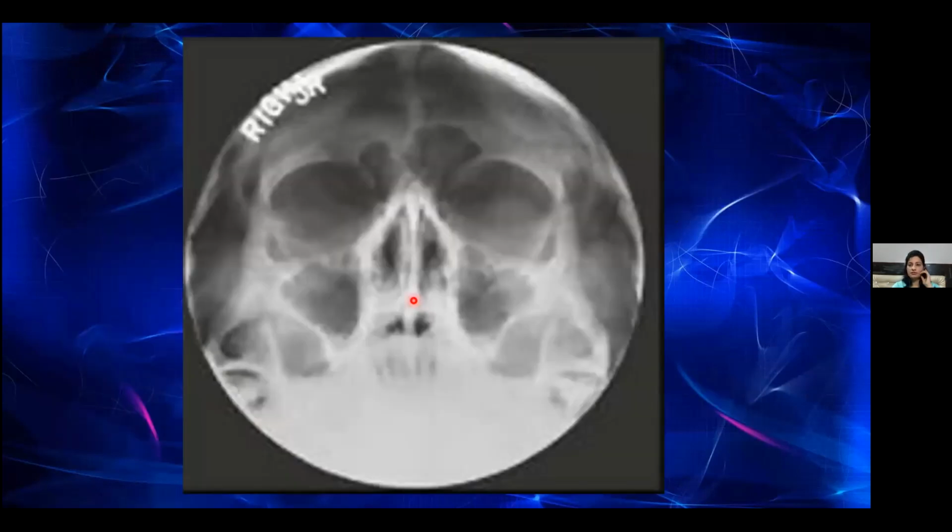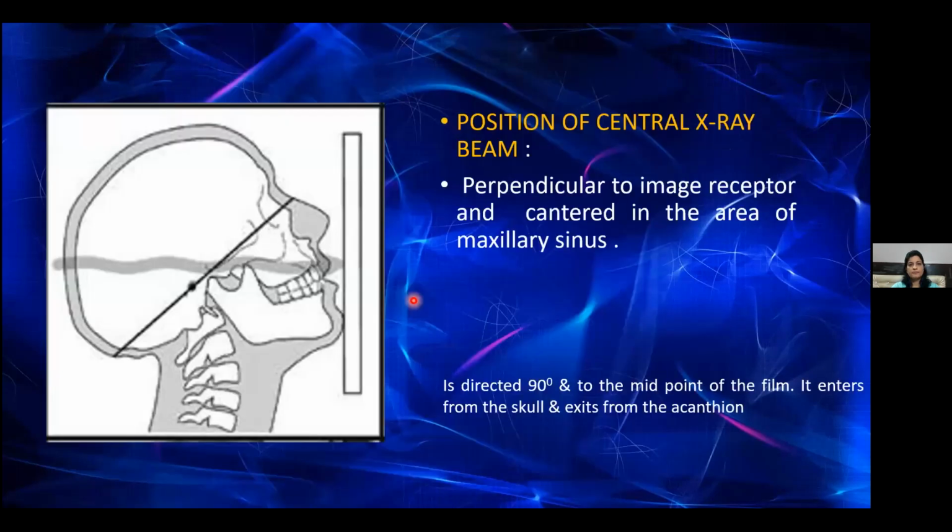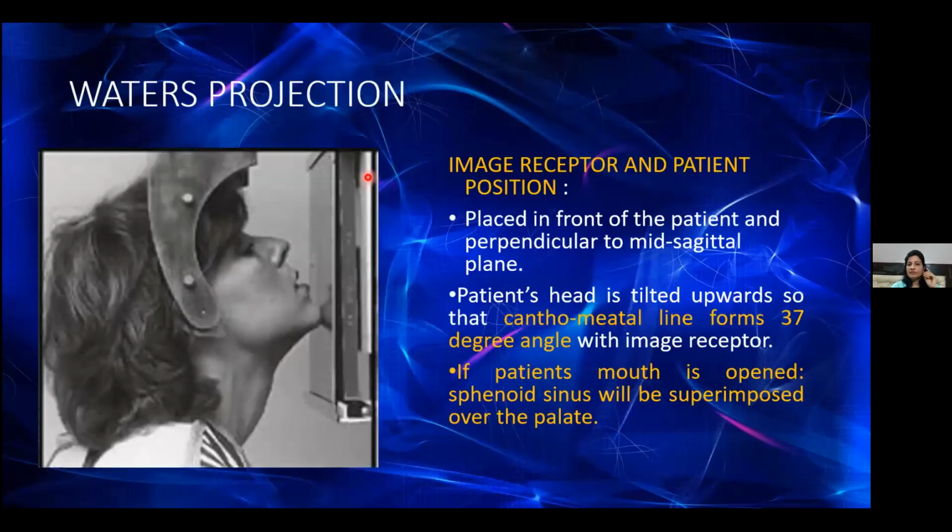So this is the Waters view. I'm repeating it again. The film is placed in front of the patient. The head is tilted backwards, upwards like this, so that the chin touches the image receptor. The canthomeatal line forms an angle of 37 degrees. If I open the mouth of the patient, you will have a clear view of the sphenoidal sinuses. It is also called the occipitomental view. Waters view is 37 degree occipitomental.